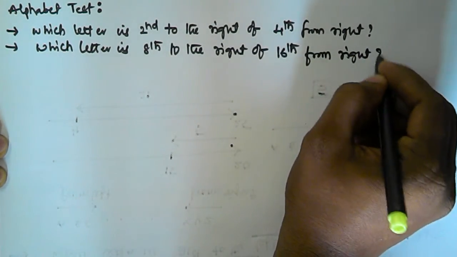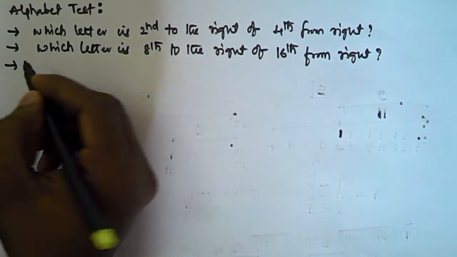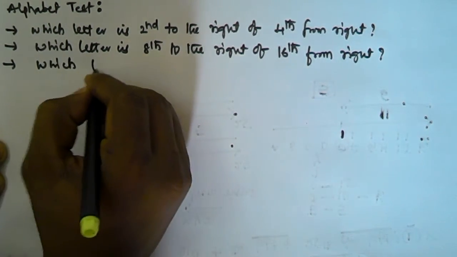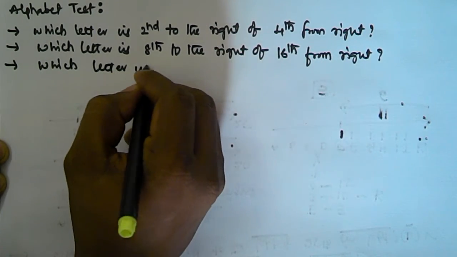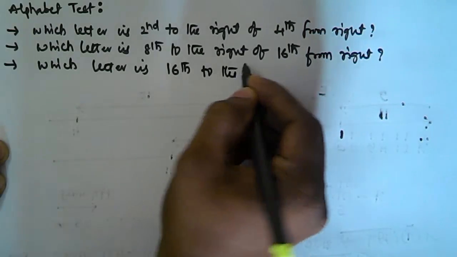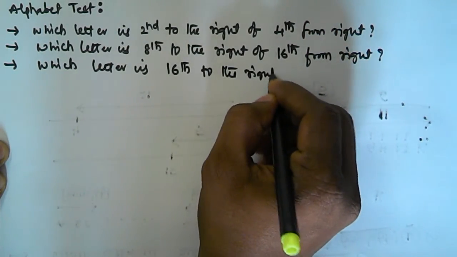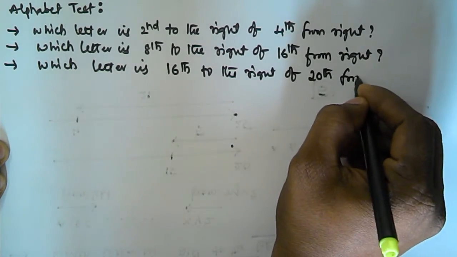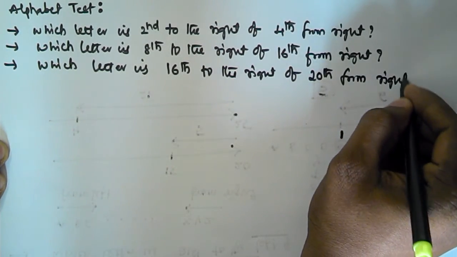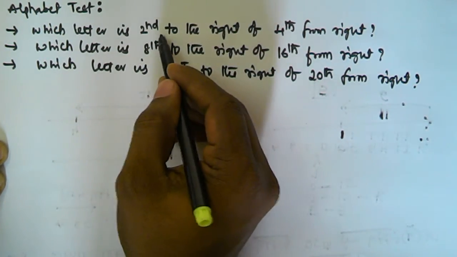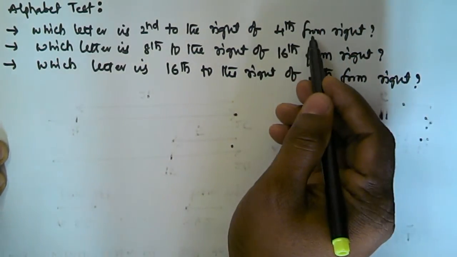So another one: which letter is 16th to the right of 20th from right? Okay. So which letter is second to the right of fourth from right?